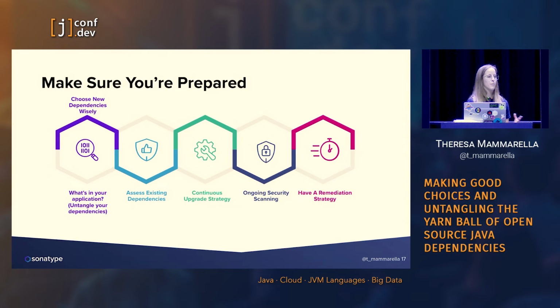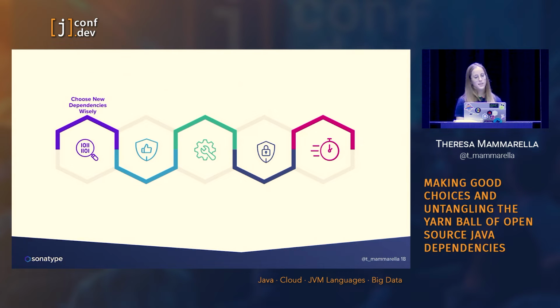Assessing existing dependencies and making sure you're actually okay with the amount of risk that's in an application and those transitive dependencies. Continuously upgrading components, continuously monitoring for security vulnerabilities, and having a remediation strategy. Well, the first one we've touched on a little bit already, but that is how to choose new dependencies wisely.